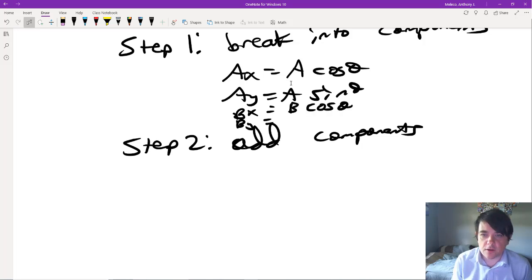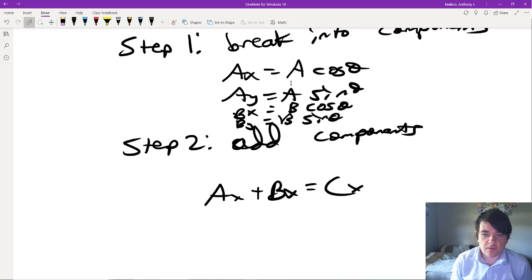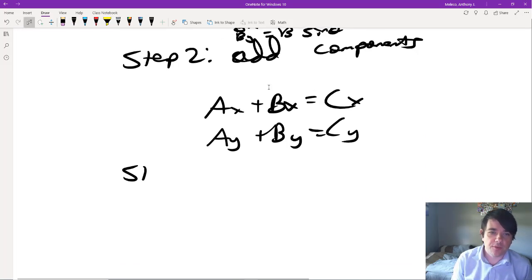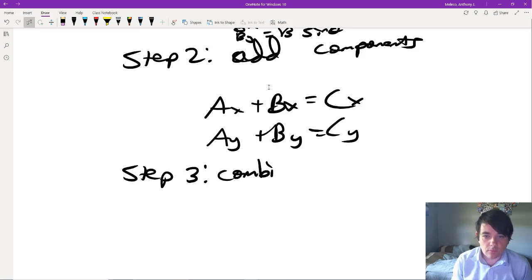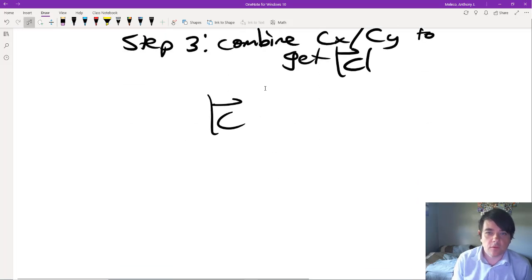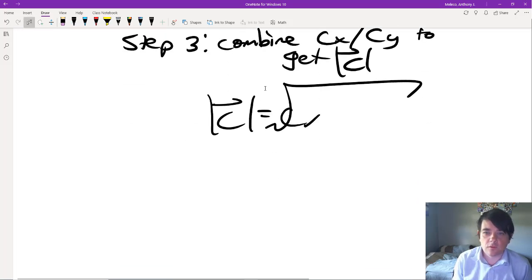B cosine theta, B sine theta, okay. AX plus BX equals CX. AY plus BY equals CY. Step 3. Combine CX and CY to get C, and use this.